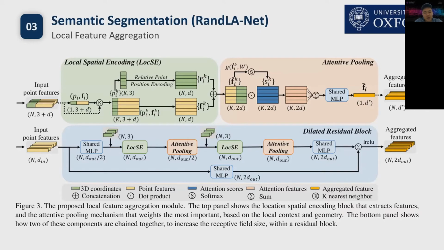So to this end, we propose a powerful local feature aggregation module to learn the local geometry patterns and to preserve the geometric information. And it mainly consists of three components. First is the local spatial encoding and also attentive pooling, and finally the dilated residual block.